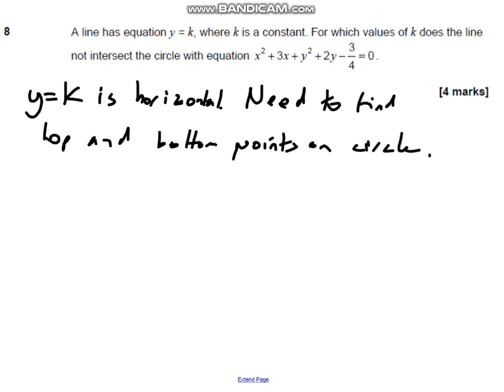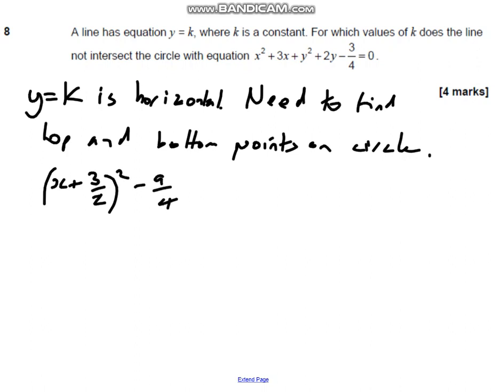Okay, alright, so we've got our circle equation here, and it's nicely already in the form ready to complete the square, thanks for that AQA, and so that gives us x plus, so we're going to halve the 3, so 3 over 2, it's easier to do with the fractions, squared minus 9 over 4.